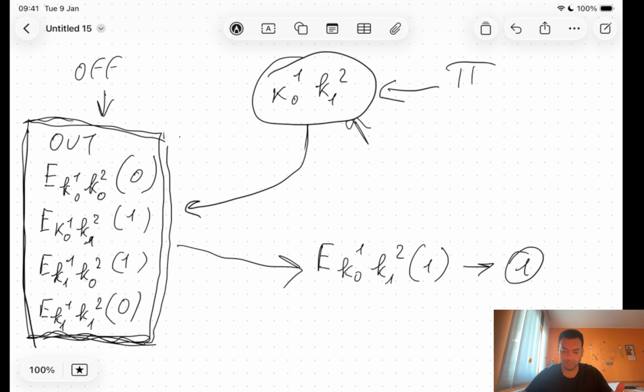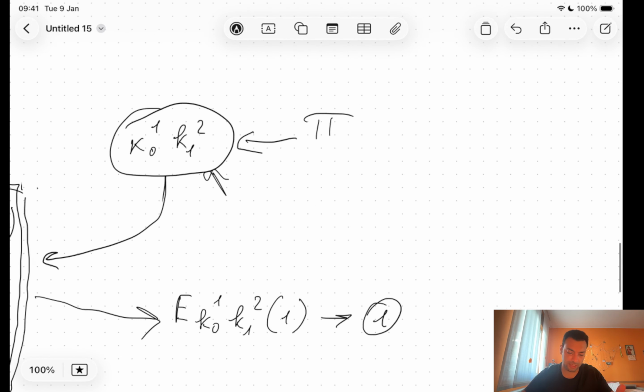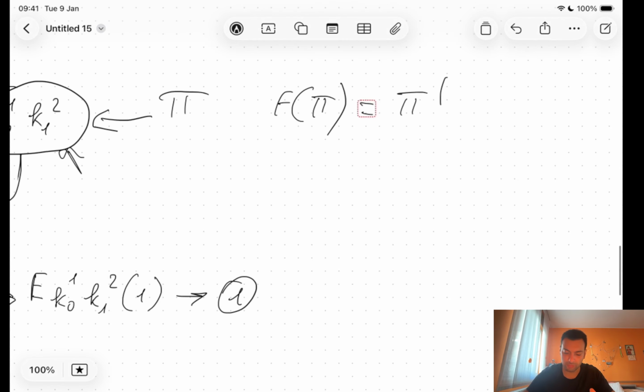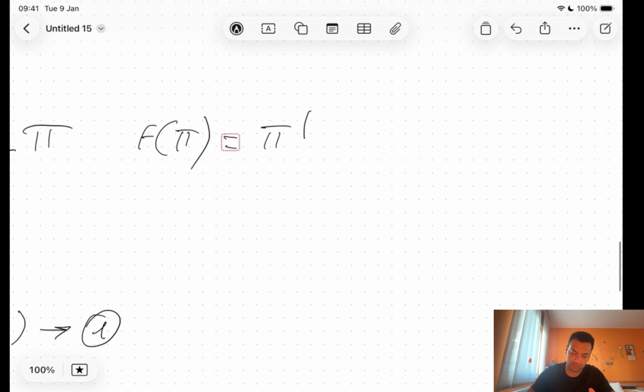You get this one here. And so in practice, the question is, you have pi and you want to have f of pi, which is a modification of it that gives you pi prime. So I can have another number. I want to obtain, such that given the output table, G XOR of pi prime gives you 0, right?